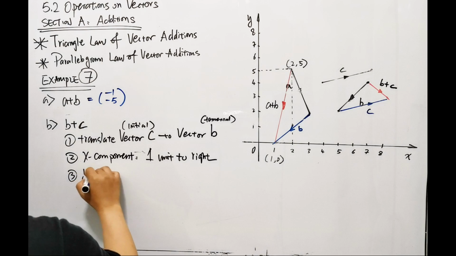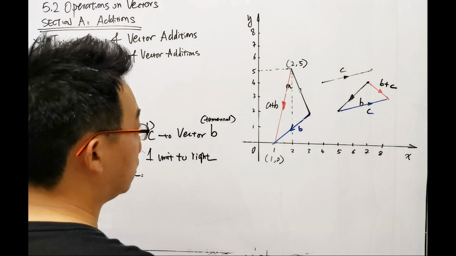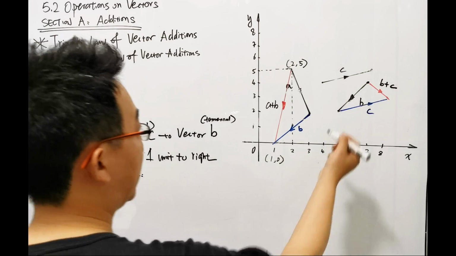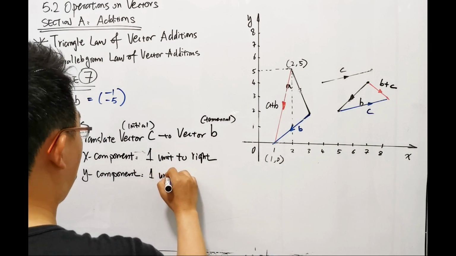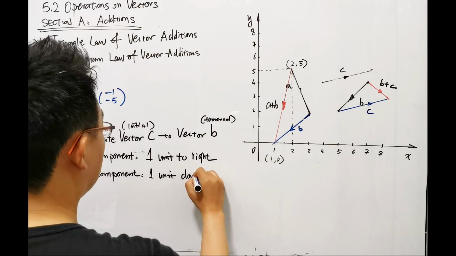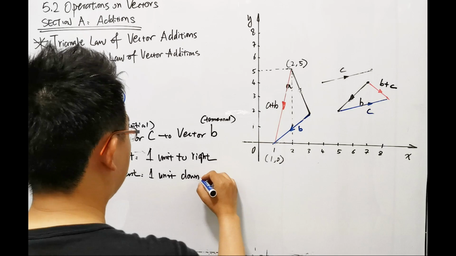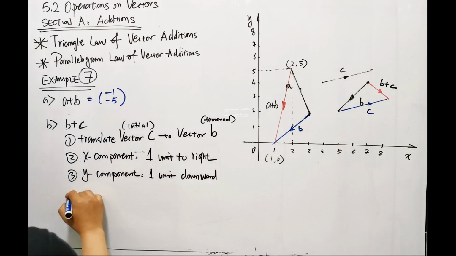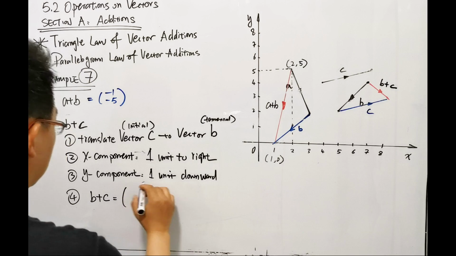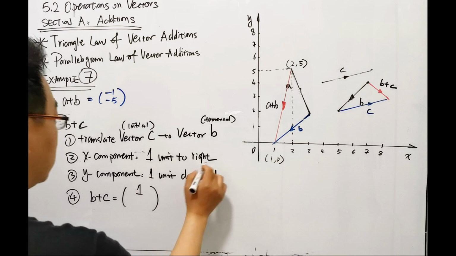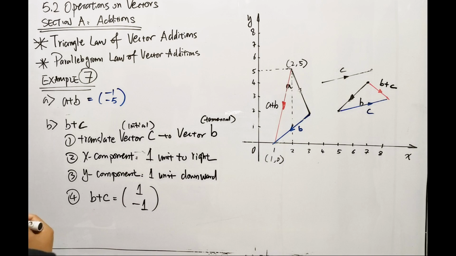And 3 is the Y component. So we have 1 unit going down, right? Downward. So we can have B plus C equals to 1 unit to the right and 1 unit downwards, minus 1. Okay.